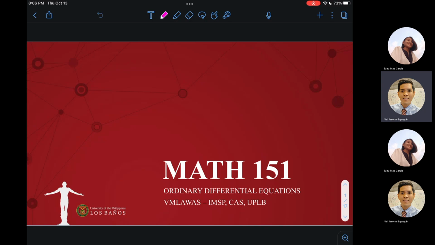Now, the thing here is hindi natin laging kayang isulat yung mga equations into the standard form na binigay natin when we talk about linear differential equations for which we first encountered integrating factors. So ngayon, titingnan natin ano yung iba't pang mga paraan para gumamit ng integrating factors sa pag-solve ng ODEs pag hindi gumana yung mga previously nating natutunang mga techniques.